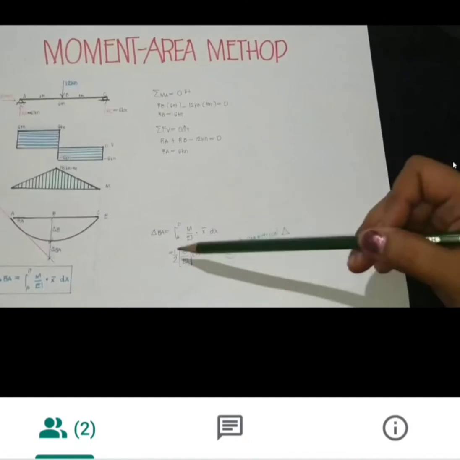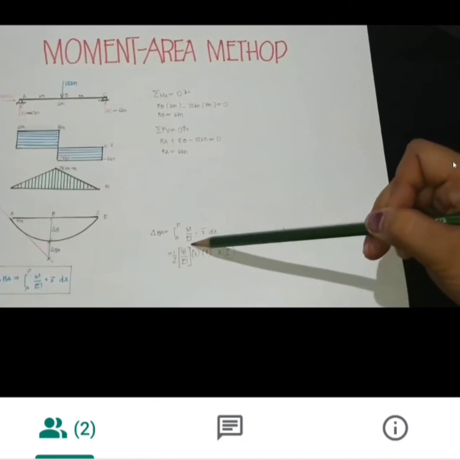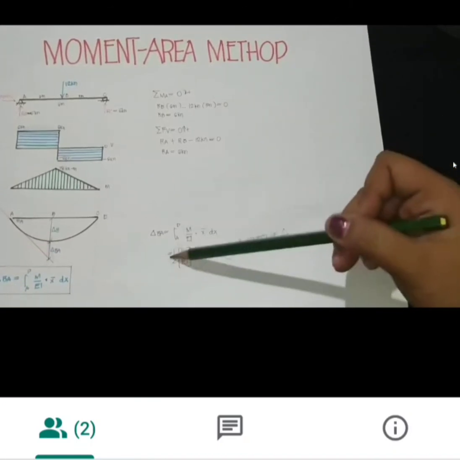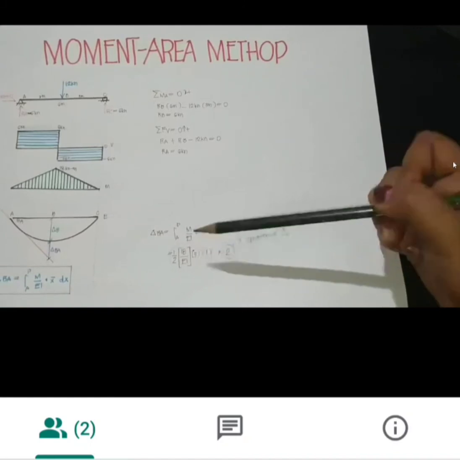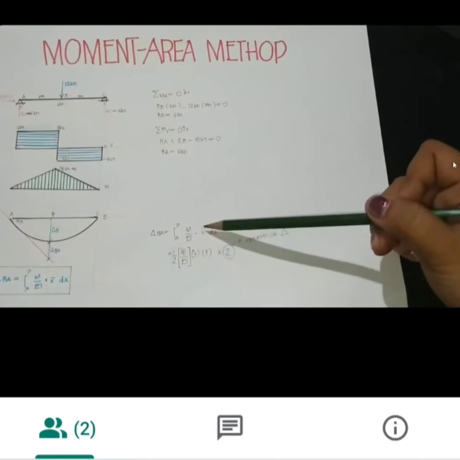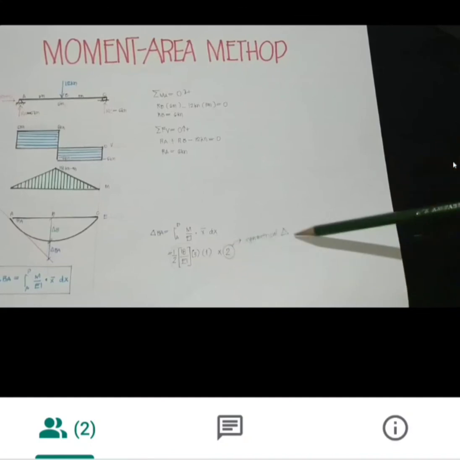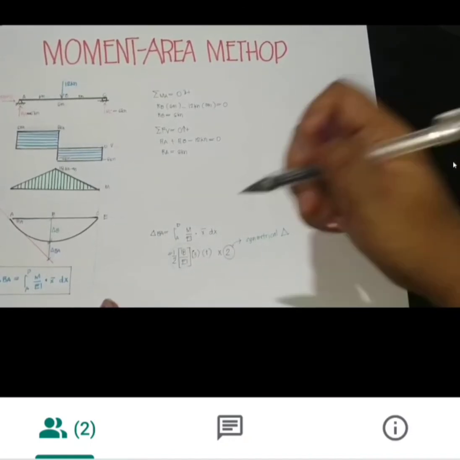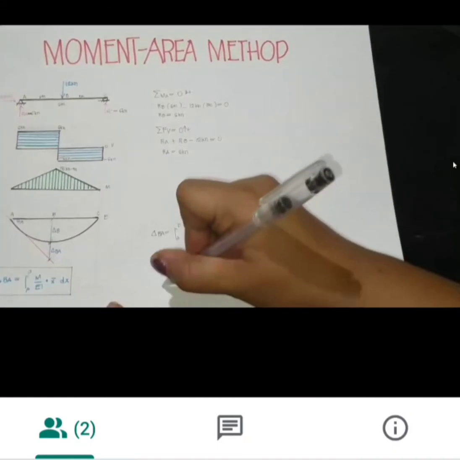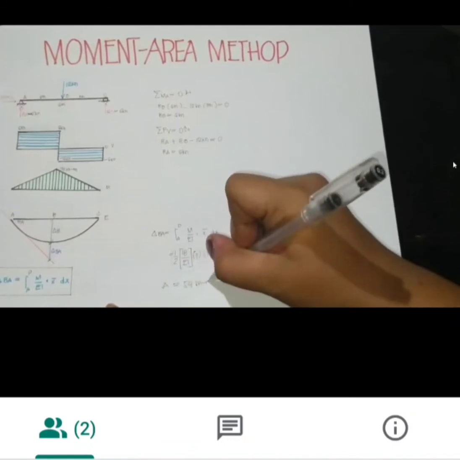So to solve, we get the area of the moment diagram. So 1/2 times 18 over EI times the distance of 3 meter. Then yung x bar niya, yung centroid, is 1 meter. Then times 2, because it's a symmetrical triangle, we come up with an answer of the deflection of 54 kilonewton meter cube.